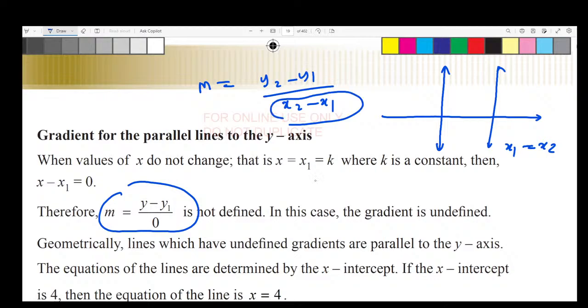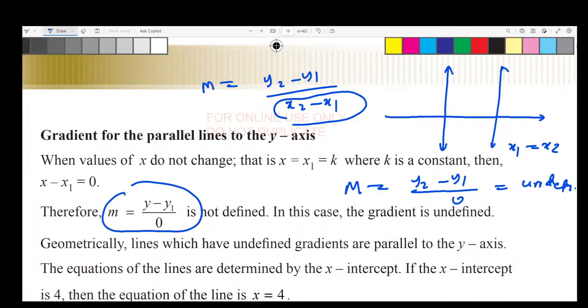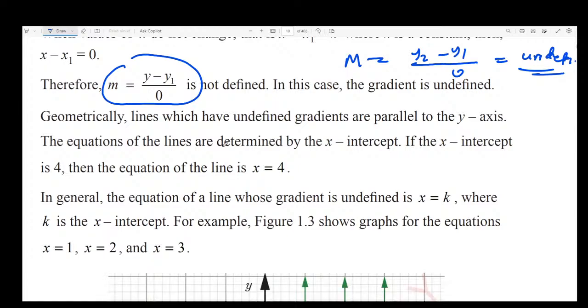You'll be having slope equals y2 minus y1 over 0, and this is undefined. So geometrically, lines which have undefined gradient are parallel to the y-axis. I think this is very important information.